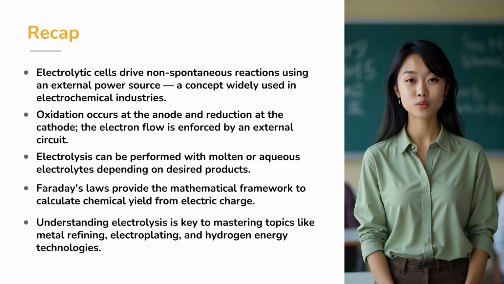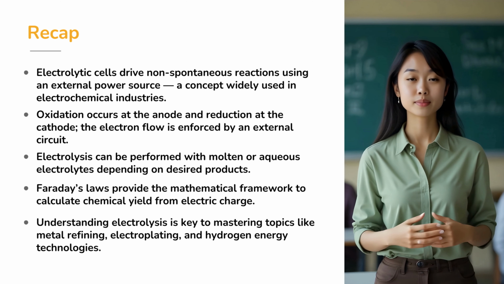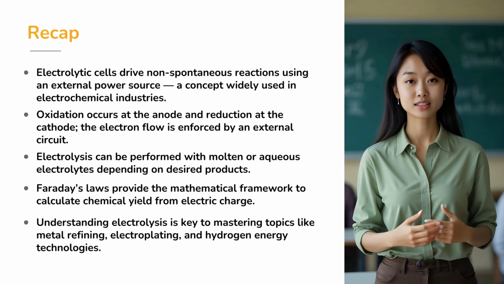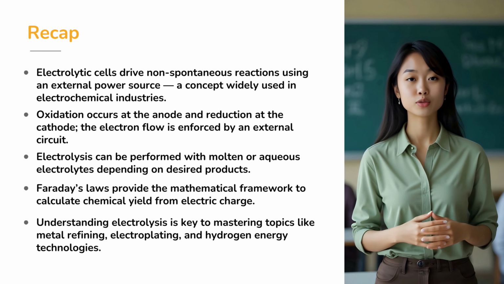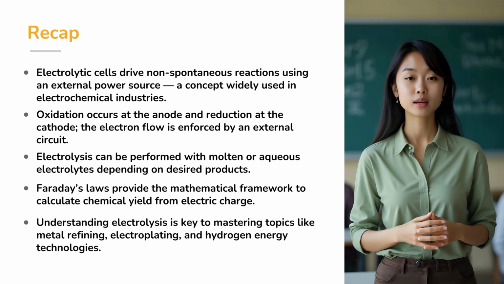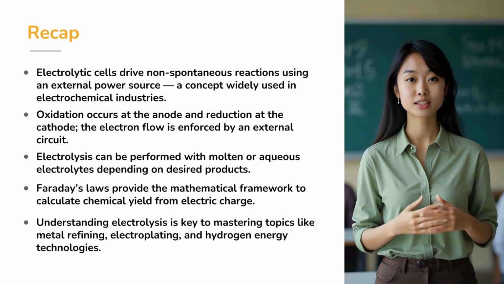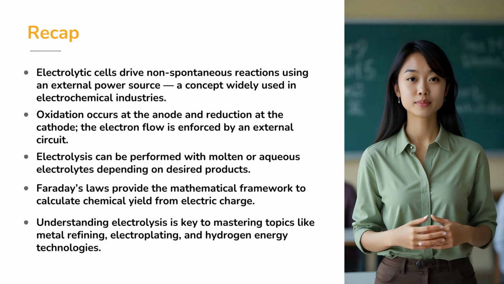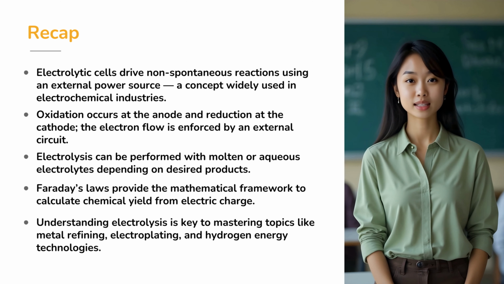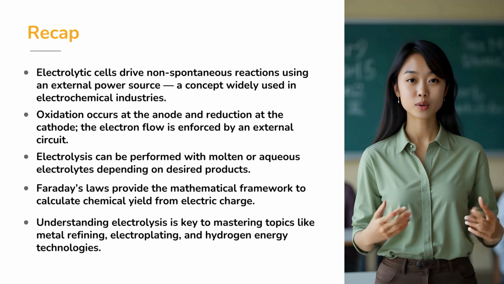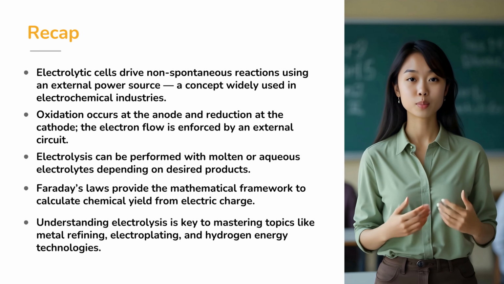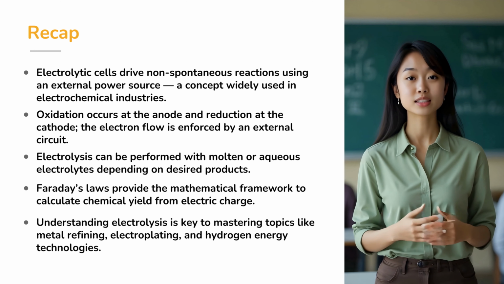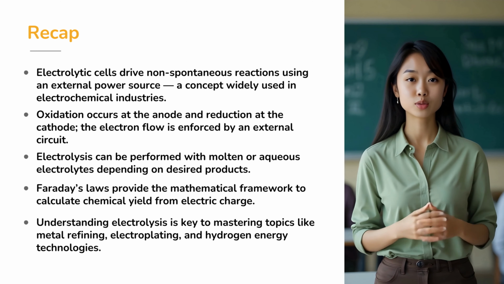Let's quickly go over what we've explored today. We learned that electrolytic cells use electrical energy to force non-spontaneous reactions, quite the opposite of galvanic cells. Electrons are pushed from anode to cathode. Oxidation happens at the anode and reduction at the cathode, even though the anode is positive. In both molten and aqueous electrolysis, ions migrate to electrodes where redox reactions occur.